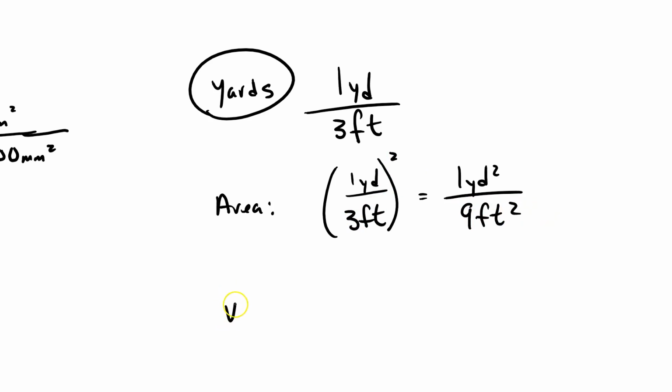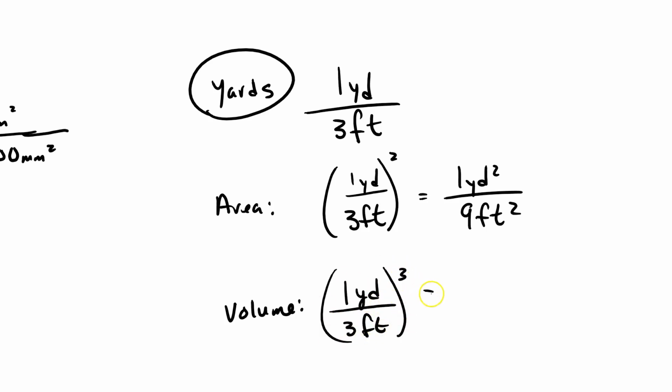But if we're looking for volume, we're going to raise the relationship to the power of 3. So 1 yard over 3 feet to the power of 3. So 1 yard cubed is the same thing as 27 feet cubed.